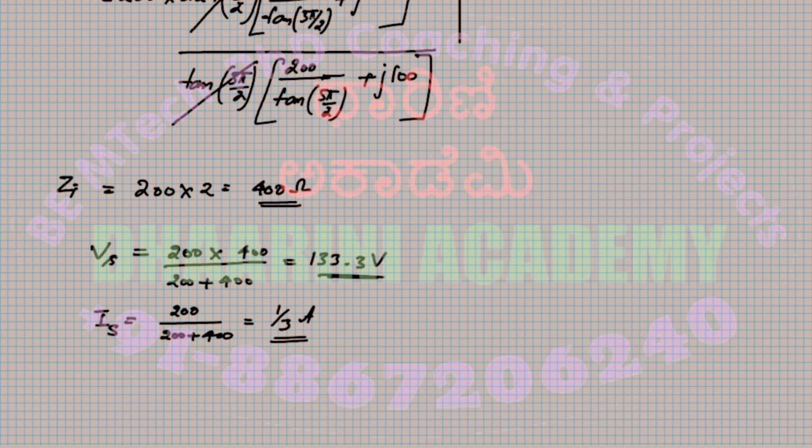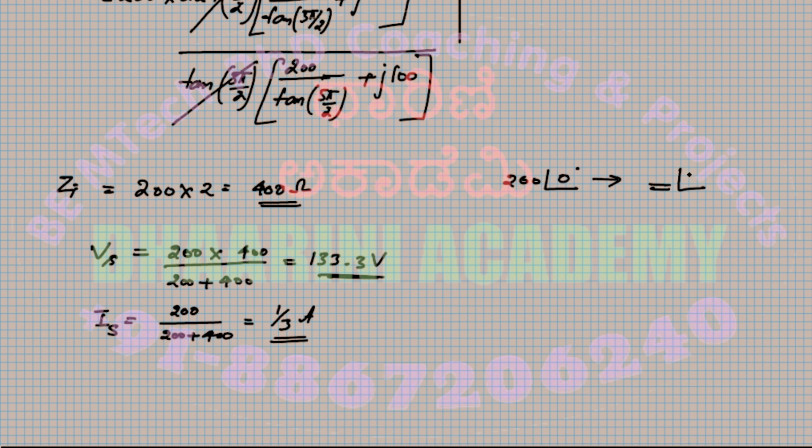So a lossless line will have the phase remain the same, no change in the phase. If you apply 200 angle 0 degrees to your line, the value might change, but the 0 degree itself will remain the same.